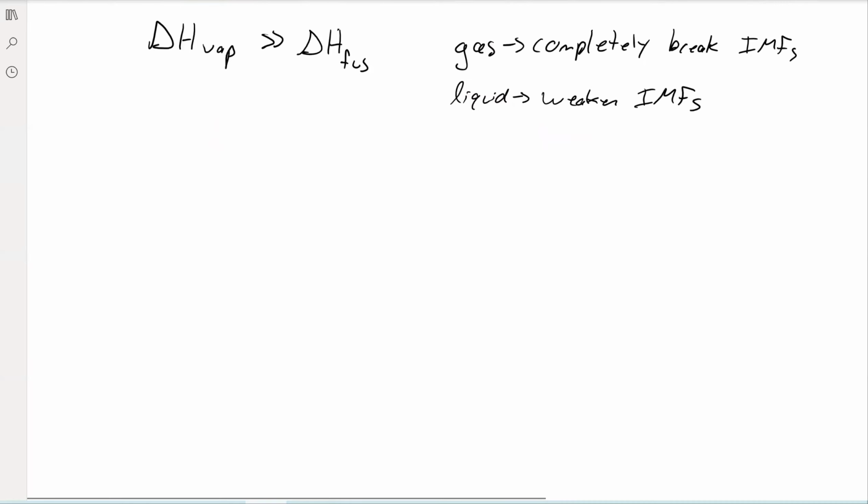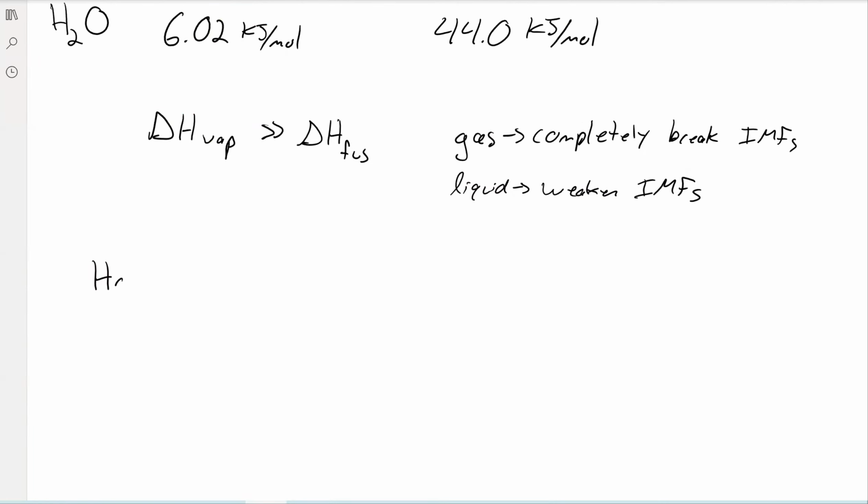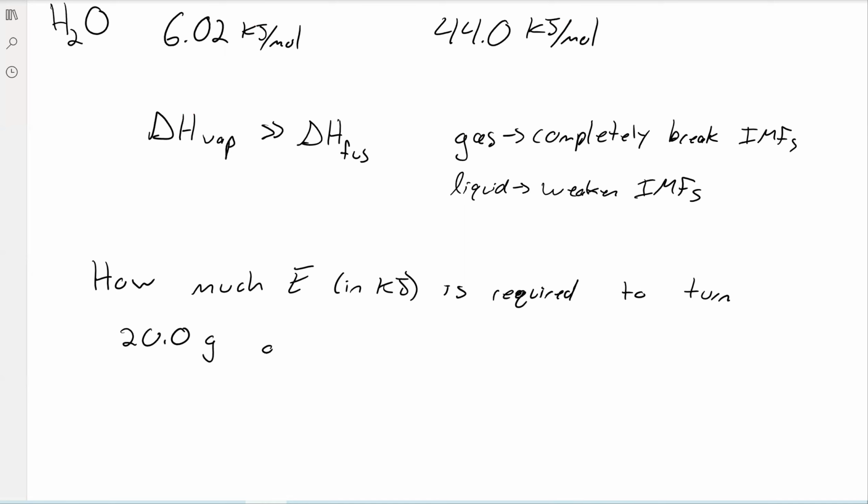So let's take a look at an example question that you might be asked. It'd be something like, how much energy, in kilojoules of course, is required to turn 20.0 grams of water into steam, right?